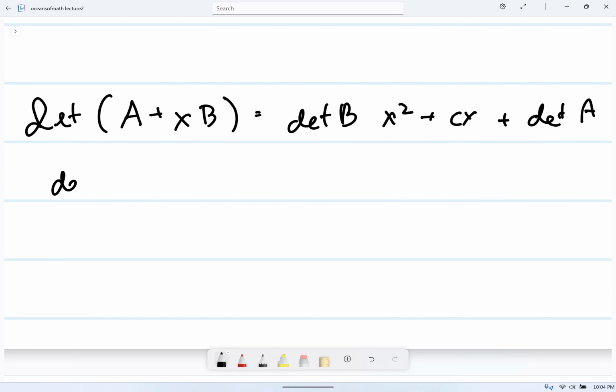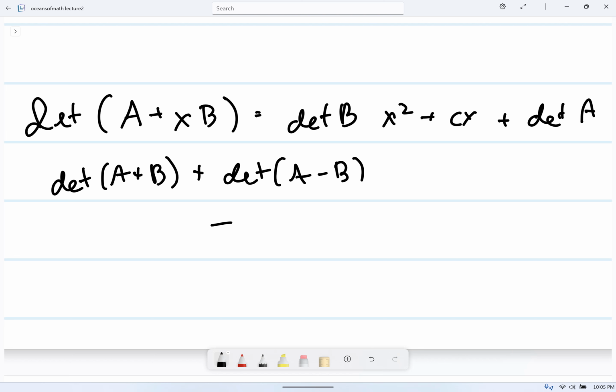And so now determinant of A plus B plus determinant of A minus B is precisely equal to determinant of B times x squared, where here x is equal to 1, and here x is equal to negative 1. And in both cases, x squared is equal to 1.